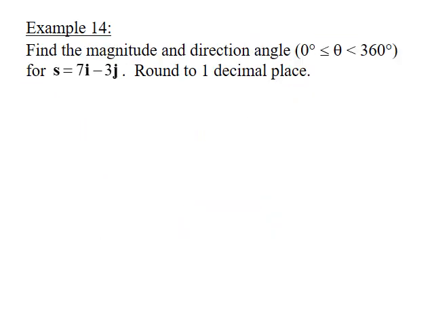Okay, now this example is a little more complicated because now we are not given the magnitude and the direction angle, and we need to find each of those. If I want to find the magnitude, that's something we've been doing lots. Remember, the magnitude of S in this case will be the square root of a squared plus b squared.